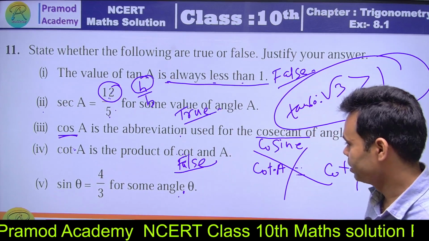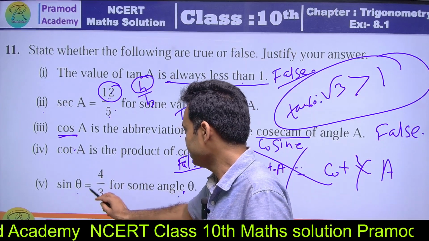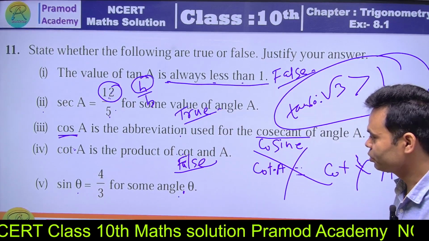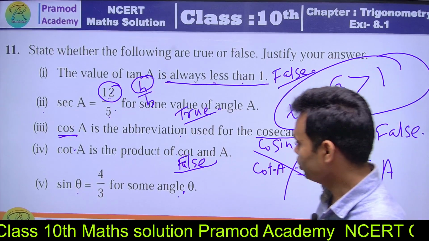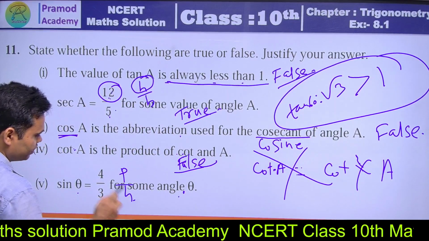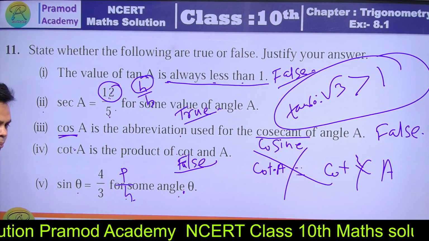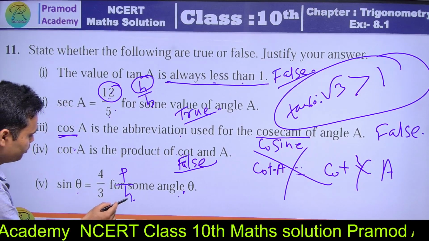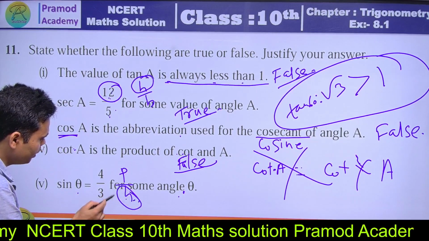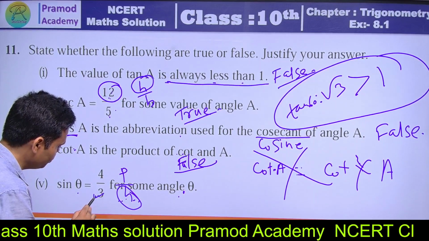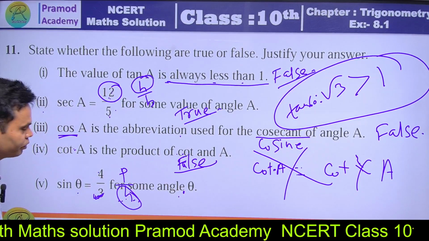Sin theta equal to 4 by 3 for some angle theta. Is it true or false? You know the sin theta formula is P by H. Here H is in the denominator, so the value below should be the greatest value. Here it is a smaller value, 3 is smaller than 4.